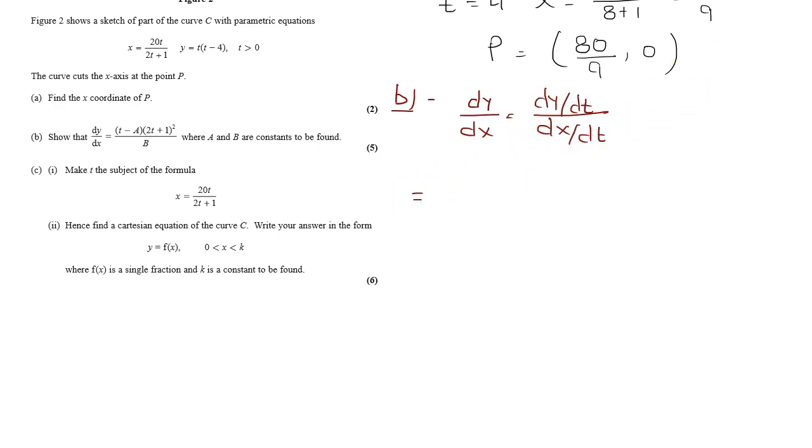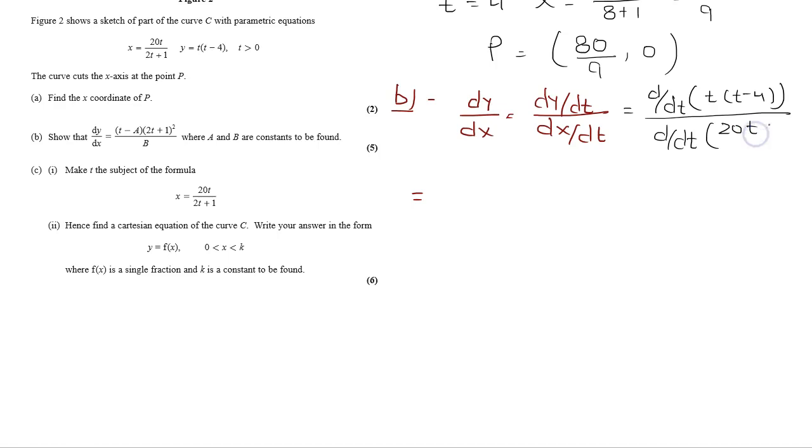So this is equal to d over dt of t minus 4 over d over dt of x, which is 20t over 2t plus 1.